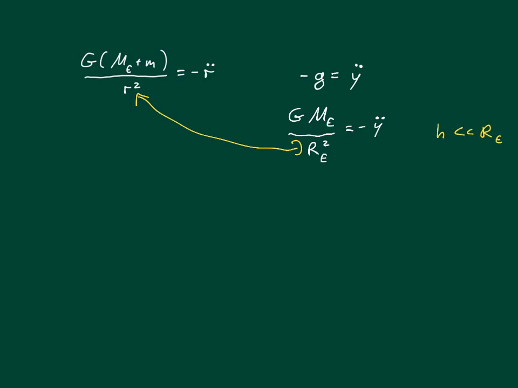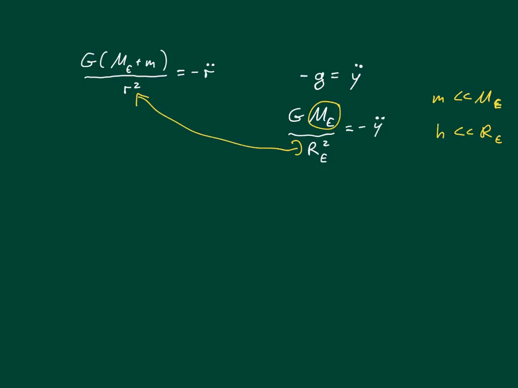This was the first assumption, and here you see the second assumption. Here we have only the mass of the Earth because we assumed this condition to hold.